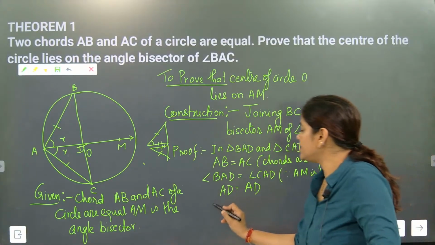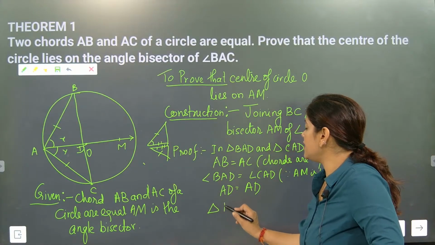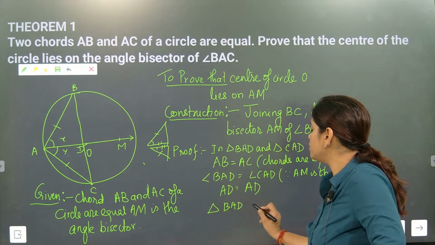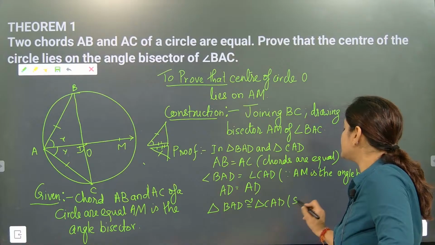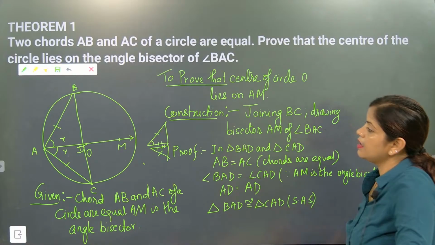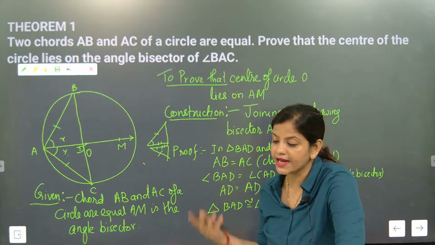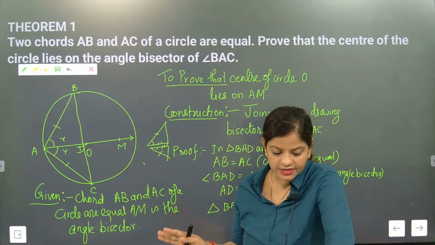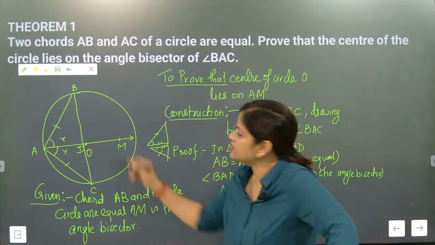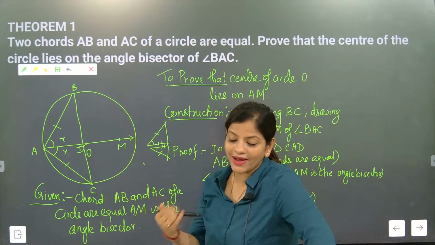So definitely triangle BAD is congruent to triangle CAD by the side, angle, side criteria. When it is side, angle, side, one thing we must remember: that means BD is equal to DC, now by CPCT.